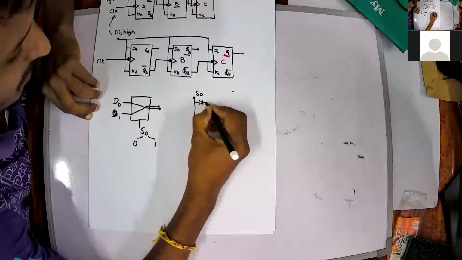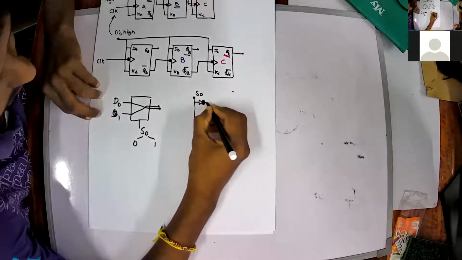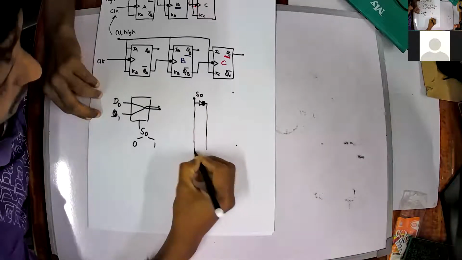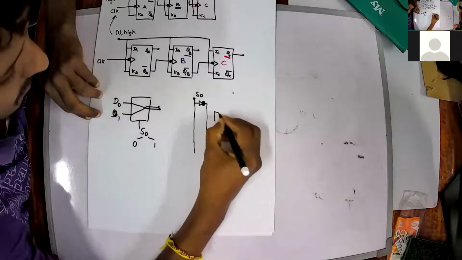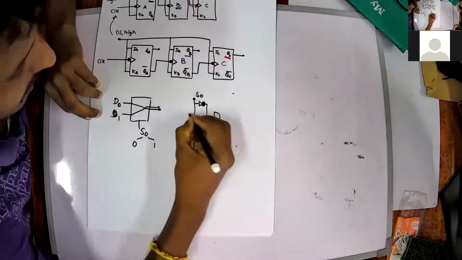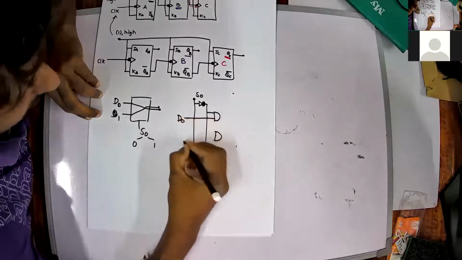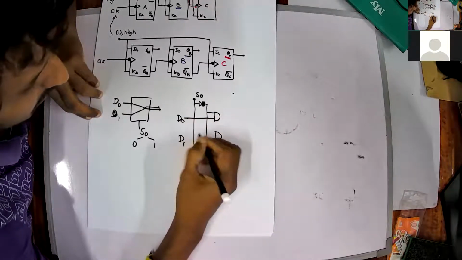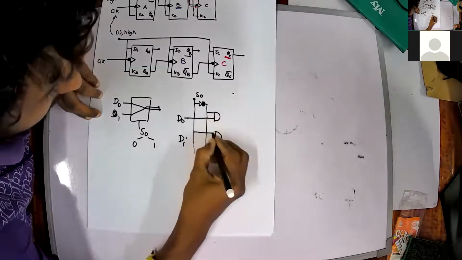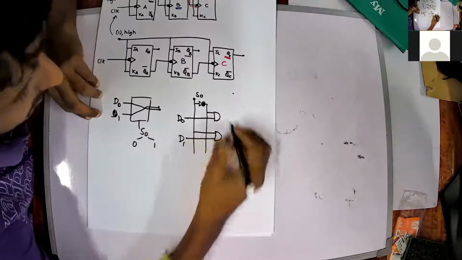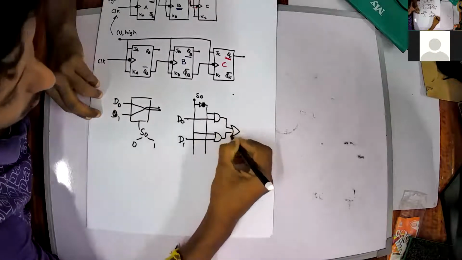Sorry, this is not a diode. So this becomes S equals 1 and this S equals 0. I have 2 AND gates, this is my D0 and D1. This is connected to S equals 0 and D1 is connected here, and both have to be given to an OR gate.